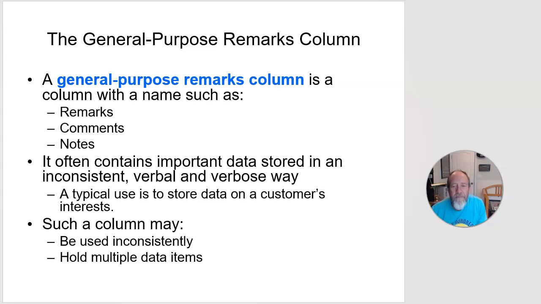It doesn't make it searchable. It can be a lot of things. Now, you can have rules which are interface rules. This is me going back to the programmers to say, only put stuff into the general purpose remarks column if the data is in XML or JSON format, which allows us to do internal queries of that field.